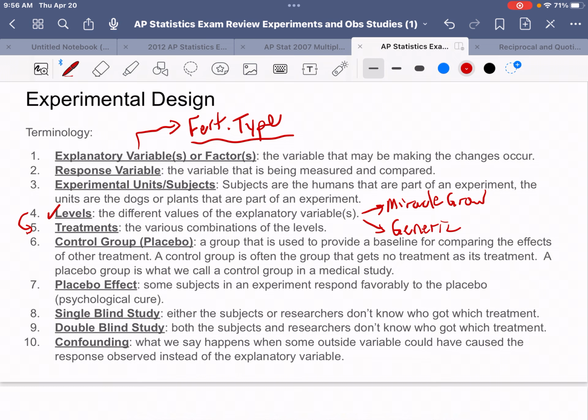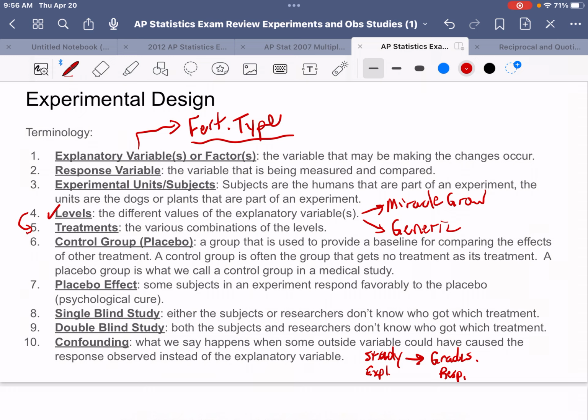Confounding. This is what we say happens when some outside variable could have caused the response observed instead of the explanatory variable. Like, for instance, what if you were trying to say that studying causes changes in grades? Well, if you let study be the explanatory variable and grades be the response variable, studying causes an increase in grades, well, there are a lot of things you better control because they could ruin the experiment.